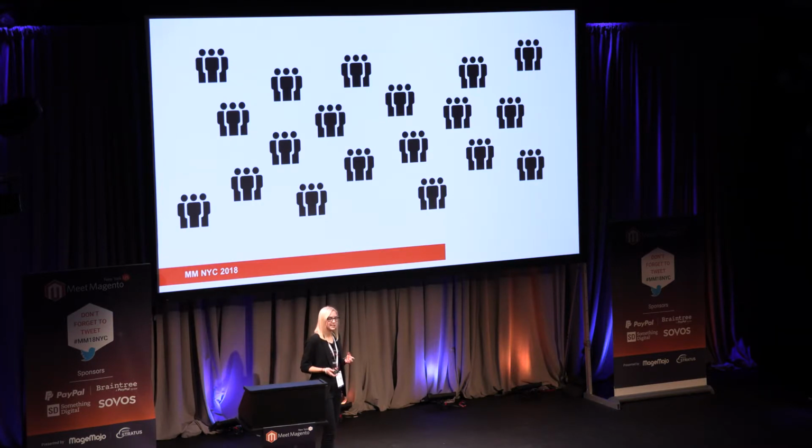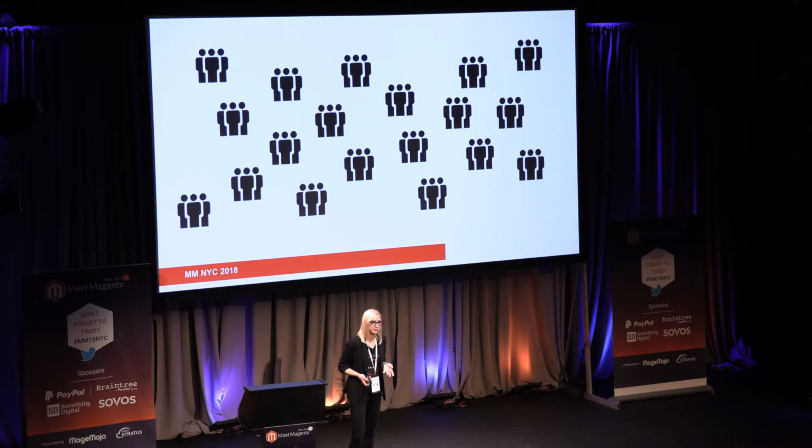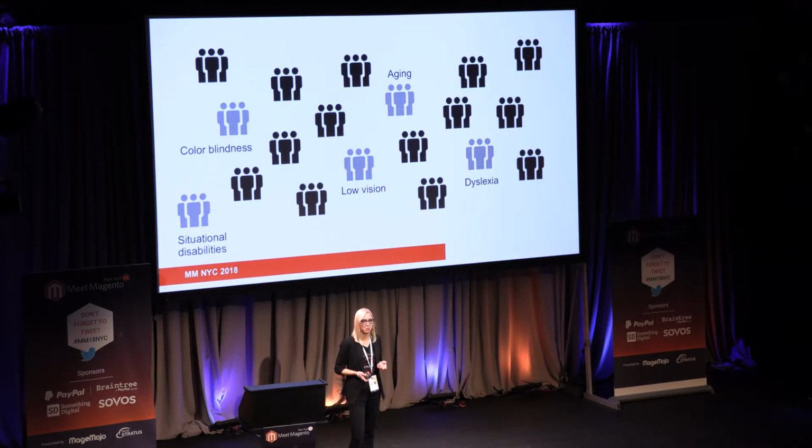And ignoring accessibility and usability best practices means that we exclude some group of our customers. And I want to share with you a quote from Susan Scott-Parker, the CEO of Business Disability International, who conducted the survey.